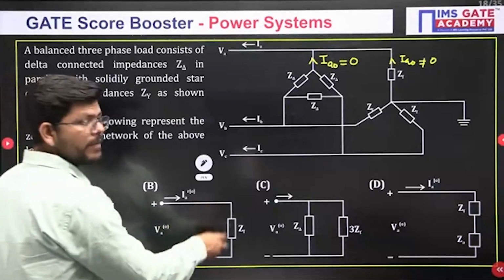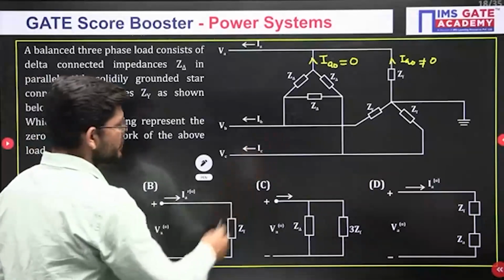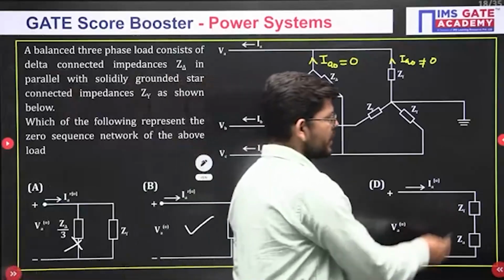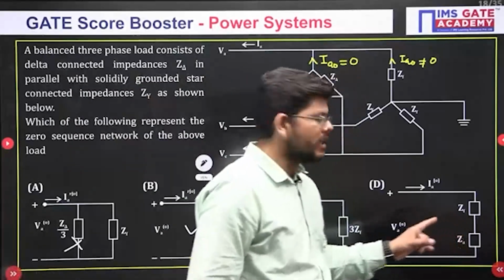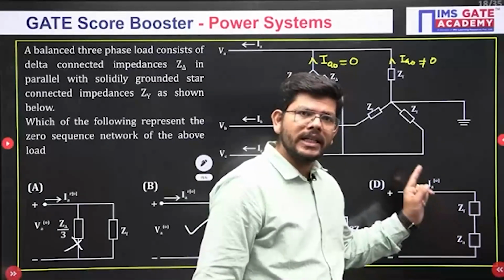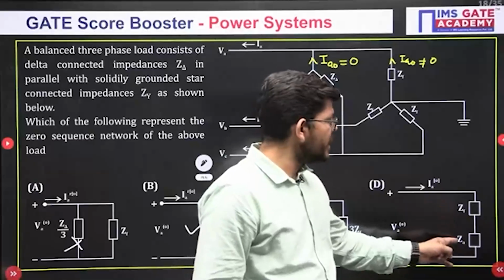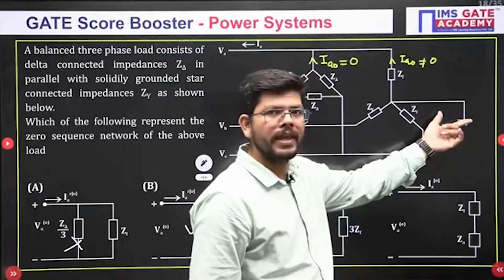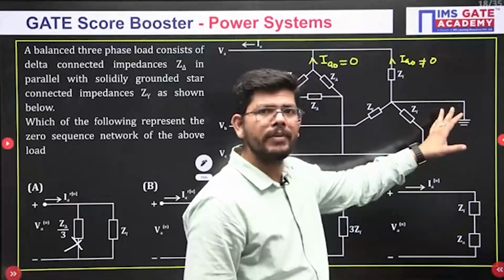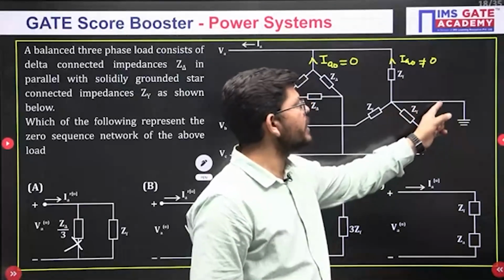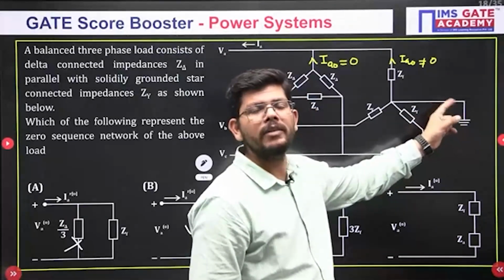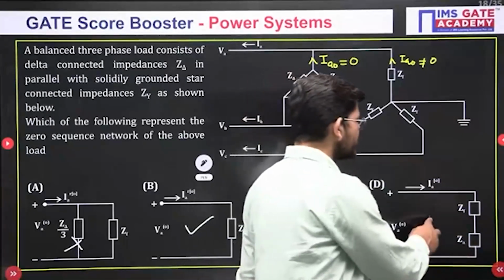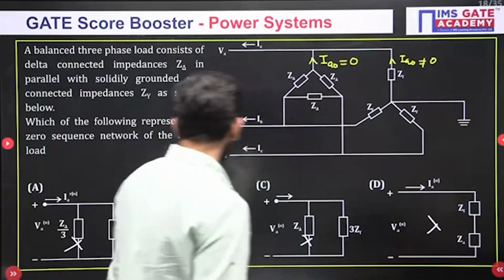In this option, they have only shown the zero sequence network of star, which is correct. This one is also wrong. In this one only the star network is shown, but 3ZF is also there, a fault impedance. We show fault impedance, as 3 times, only if fault impedance is present, which is not the case here. So this is also wrong. So which is the correct option?